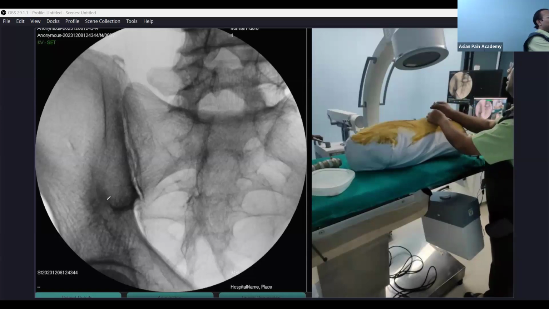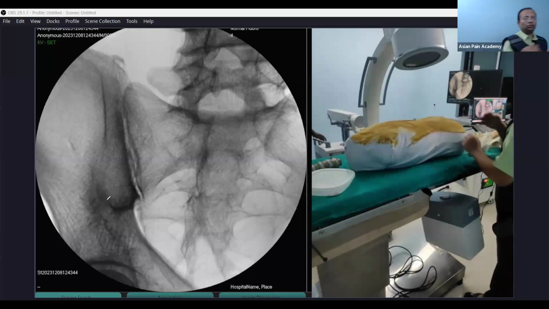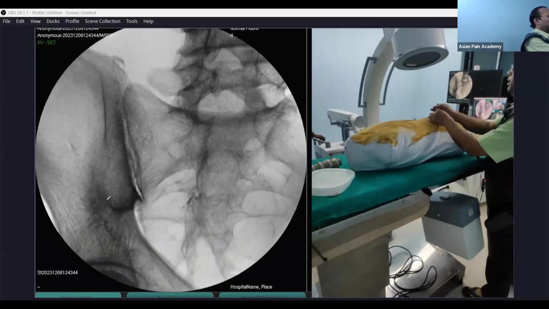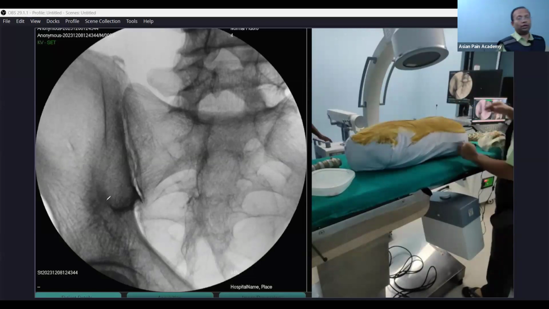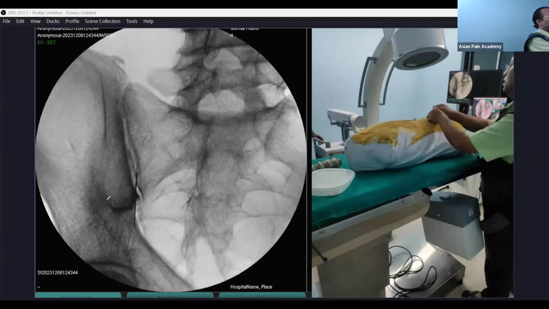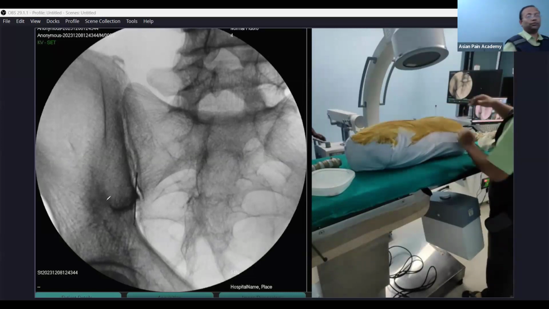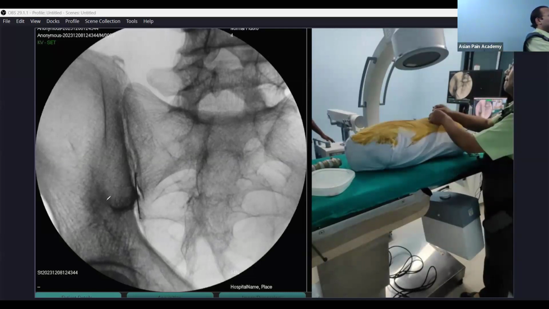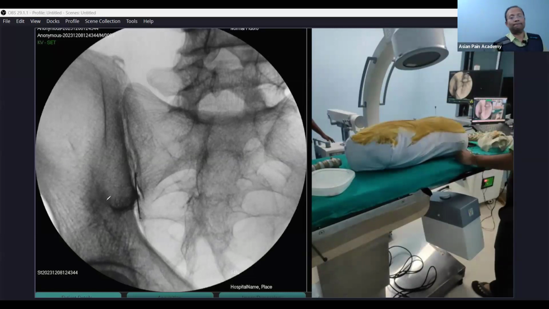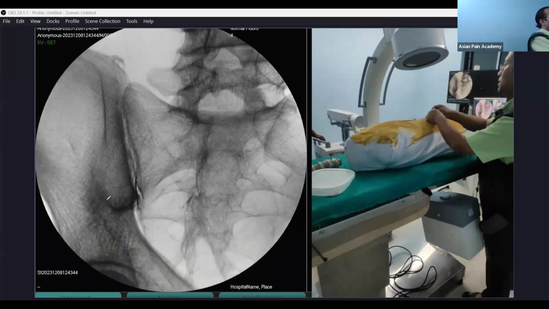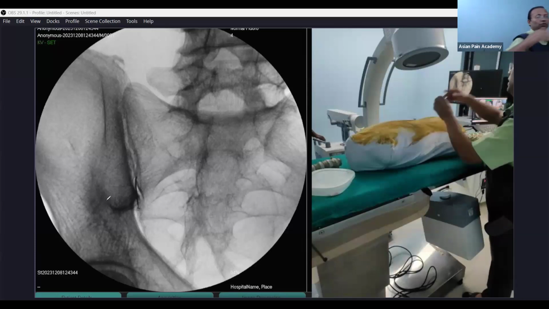So I will make it a bit less tunneled so that we can see.